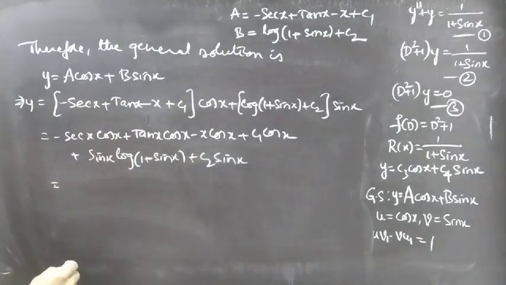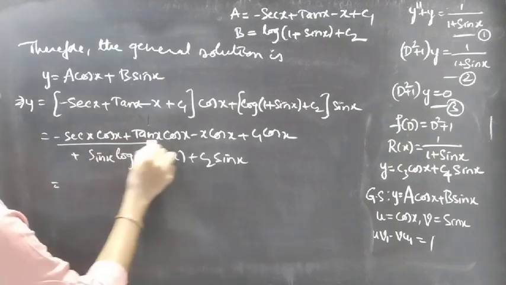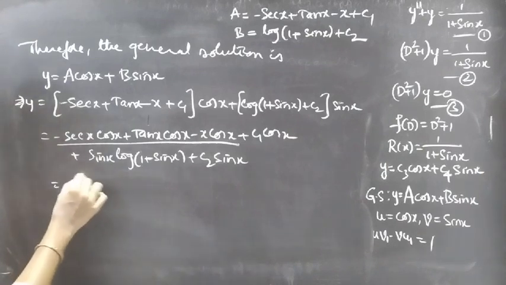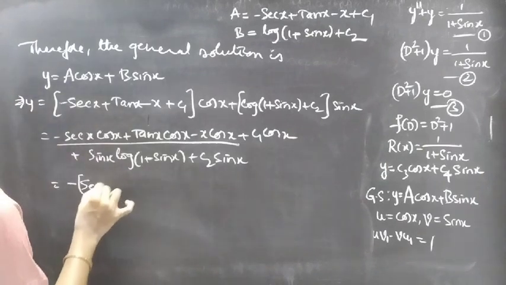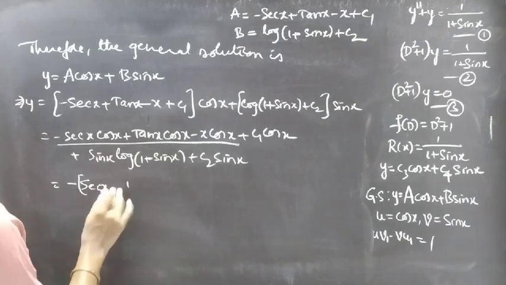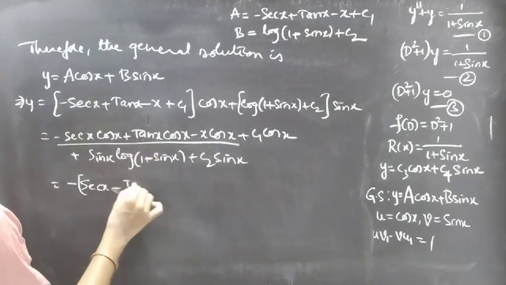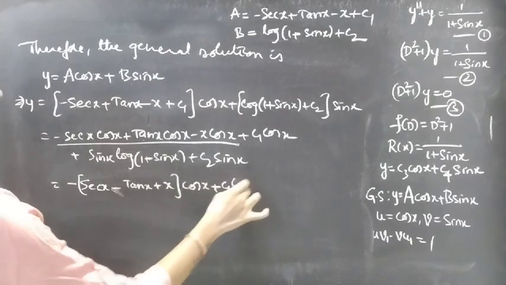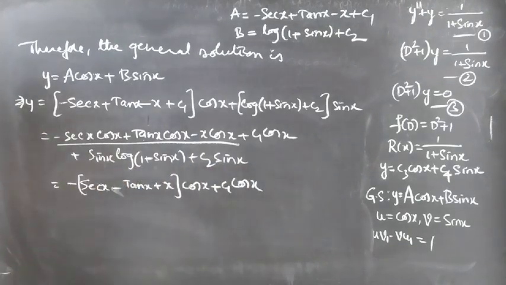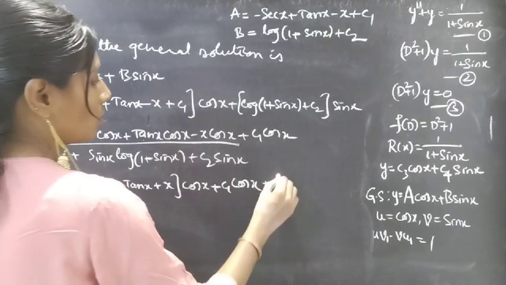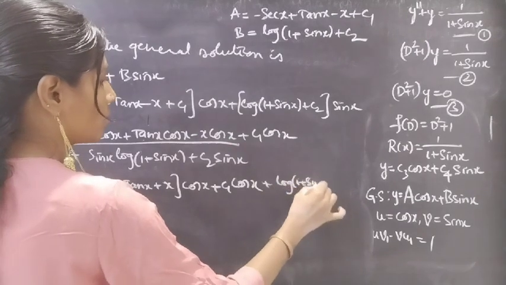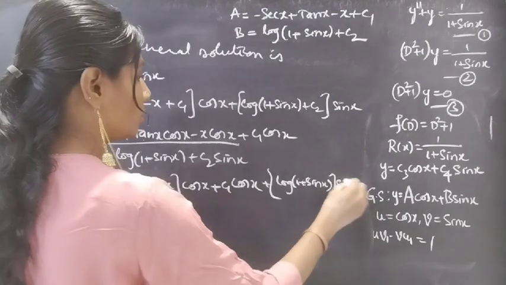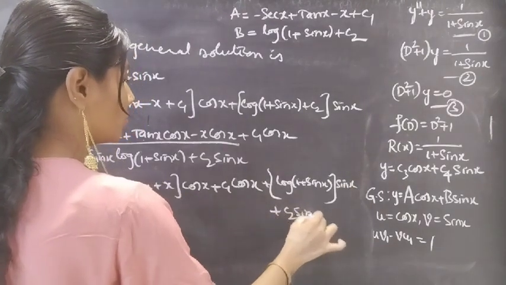You can just write it like this, or you can take cos x common from all the terms. Let's take minus cos x common from all the three terms. We'll get minus (secant x plus tan x, minus of secant x minus tan x plus x) into cos x plus c1 cos x. We can write this as it is, or we can write it as log of 1 plus sin x into sin x plus c2 sin x.